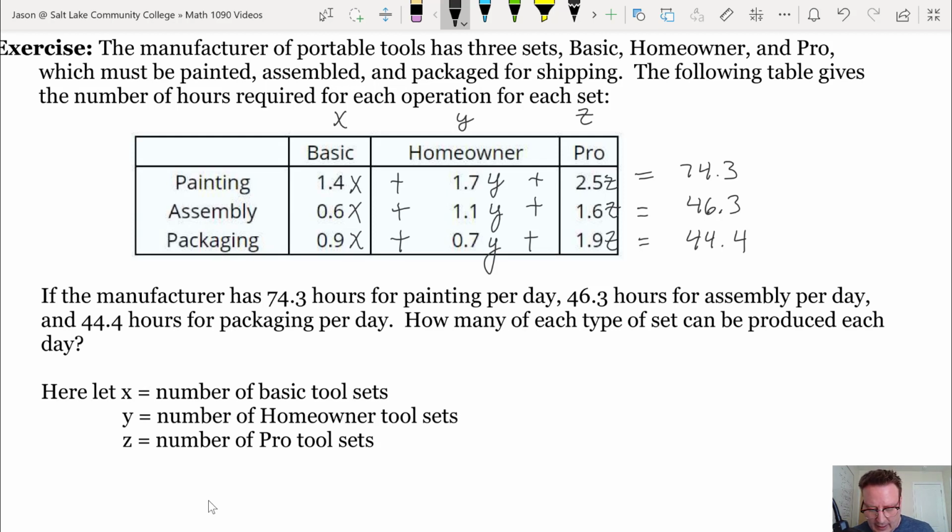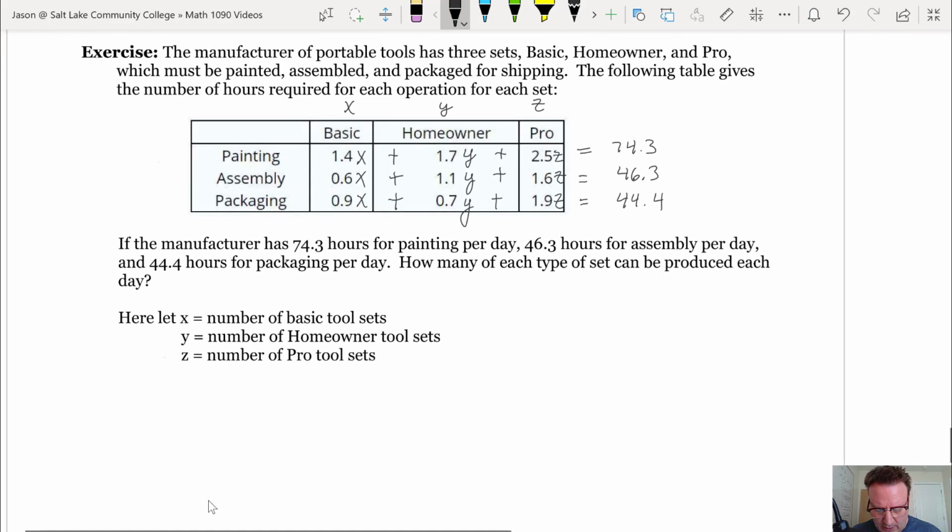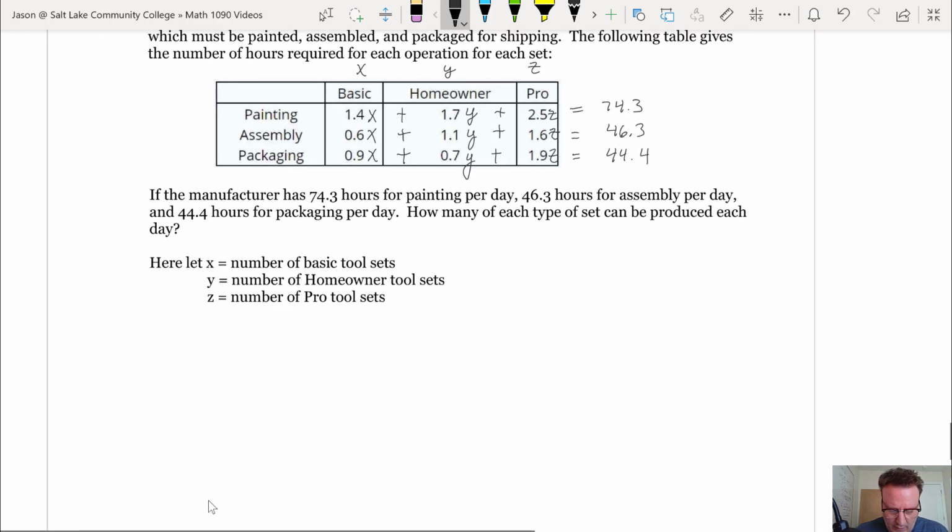Okay, and I want to write this linear system now as a matrix equation, and then use some technology to solve the system for me. I'll just use the calculator. Okay, so how do we set this up as a matrix equation?